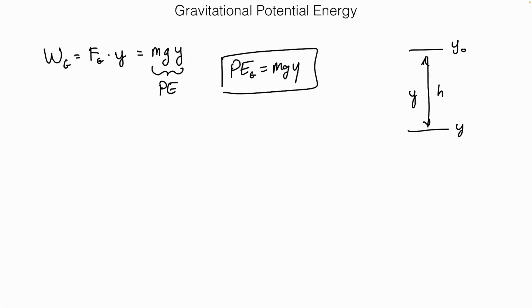So we know that gravity did positive work on the ball as it went down, right? But the change in gravitational potential energy, positive or negative?